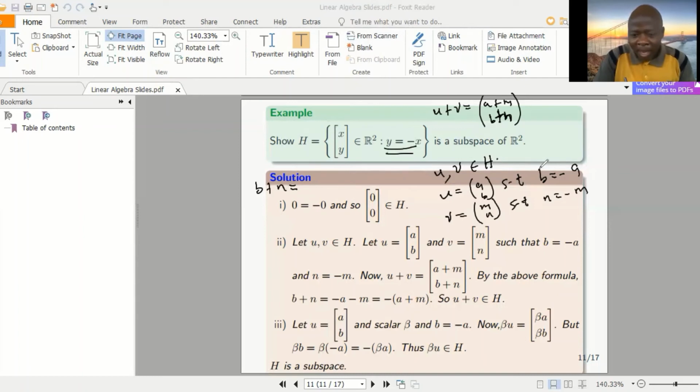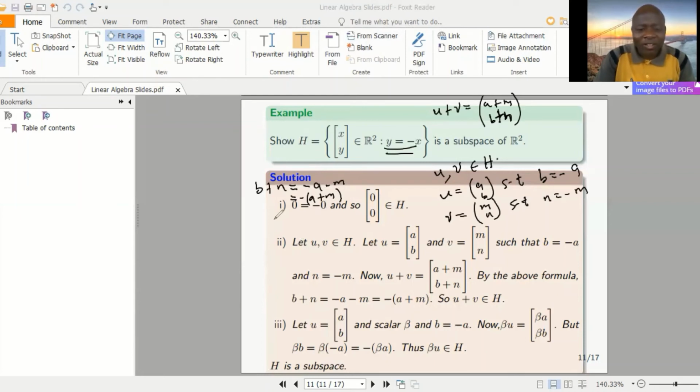From here, I know that b is negative a. What about n? From here, n is negative m. Now, on the right hand side, I can put negative outside, and inside the bracket, I'll have a plus m.